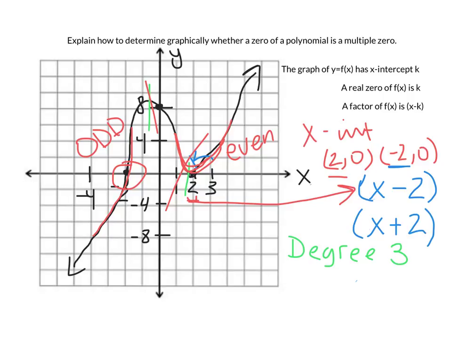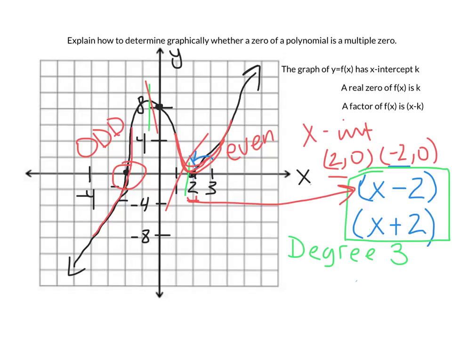It also means that we should have 3 factors. What we have right now are only these 2, and we don't see anything else that crosses or touches the x-intercept. So one of these is going to have a higher degree than 1, because we need it to equal the 3 of the 3-degree polynomial.